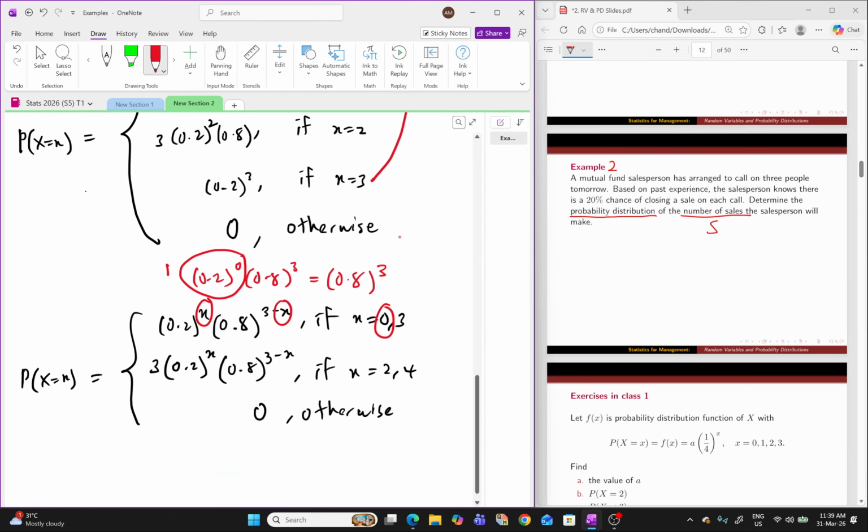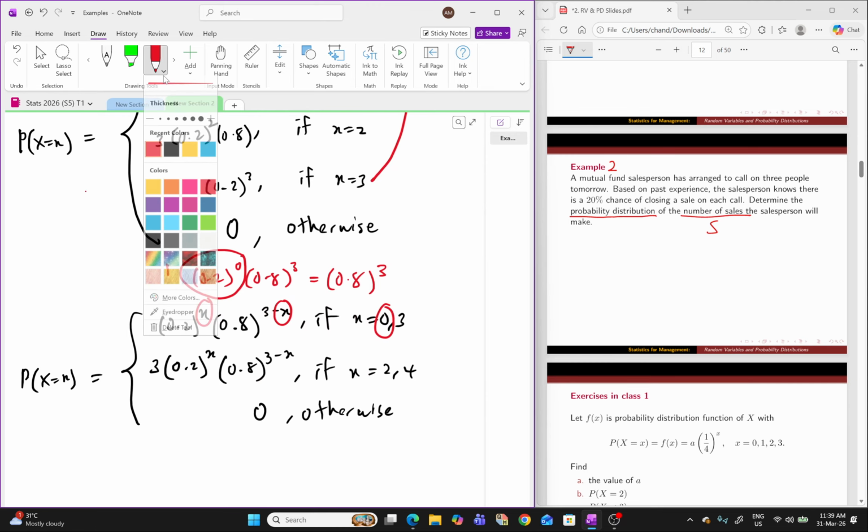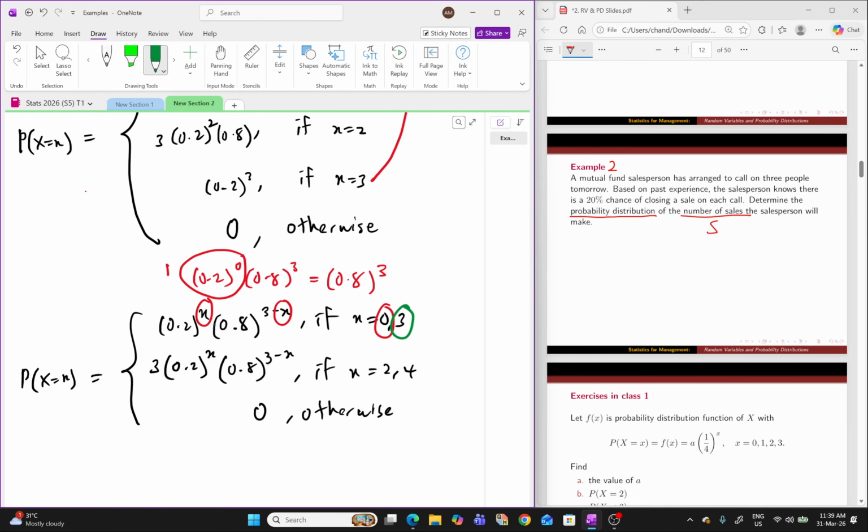Okey. Kalau you masukkan 3 dalam ni sekarang, apa akan jadi? 0.2 kuasa 3. Yang ini akan jadi 0. Sebenarnya yang ini jadi 1. 0.2 kuasa 3, dapat tak ini? So dia gabung dekat situ.